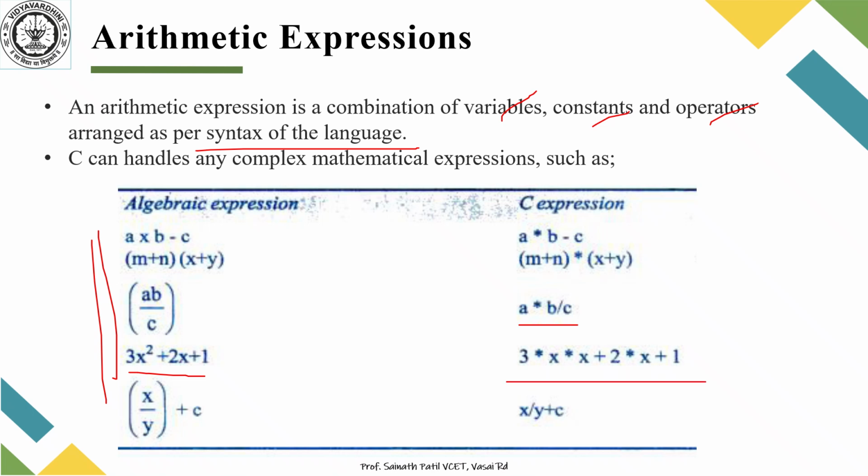It can be given as 3 into x plus 2 into x plus 1. So these are the multiplication symbols. Similarly, in this expression multiplication sign is not there, but in programming language we have to mention it.